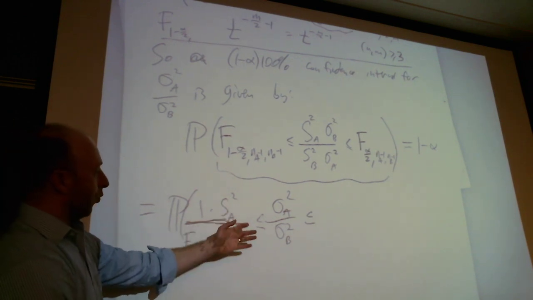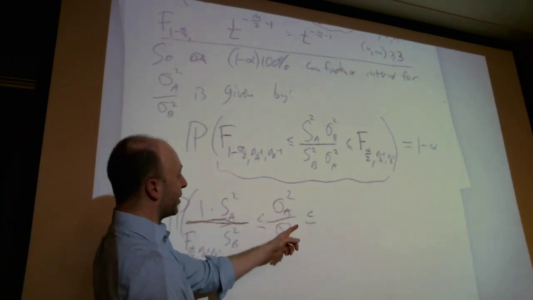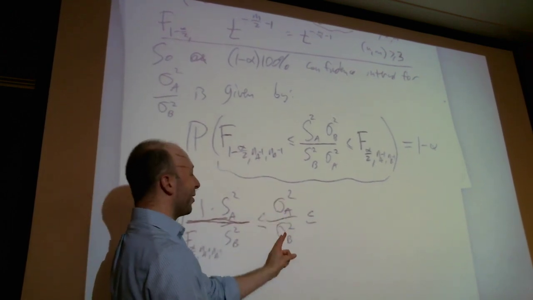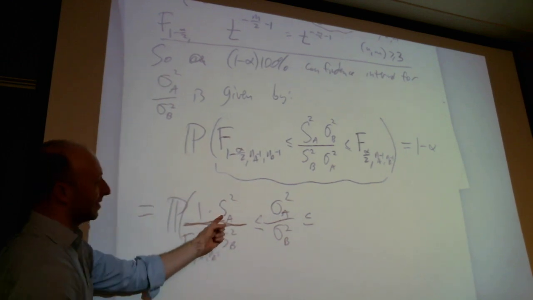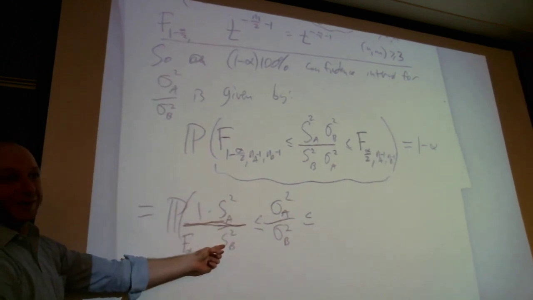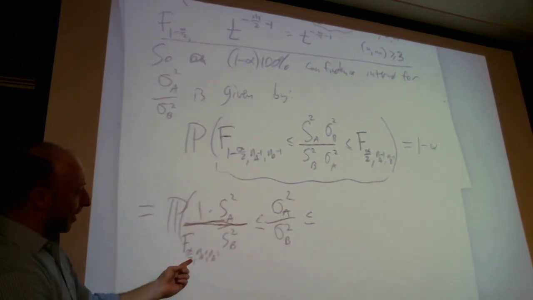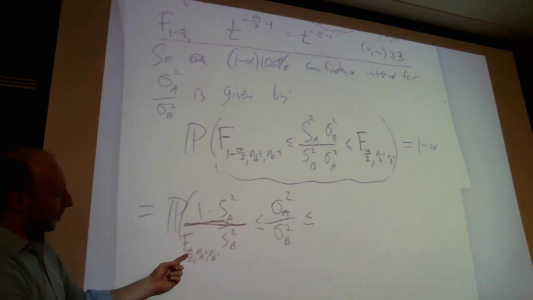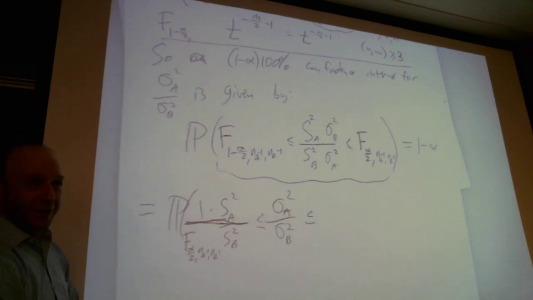Before, when we were doing point estimation, we would ask how can I guess what sigma A squared over sigma B squared is? I would just guess that it's the value of SA squared over SB squared. But actually, I can get robust lower and upper bounds. One lower bound is SA squared over SB squared divided by F alpha over 2, NA minus 1 and NB minus 1.